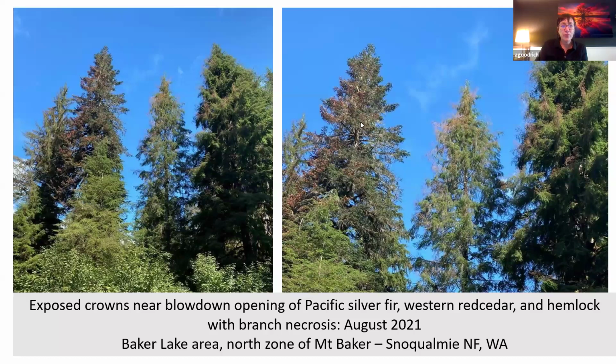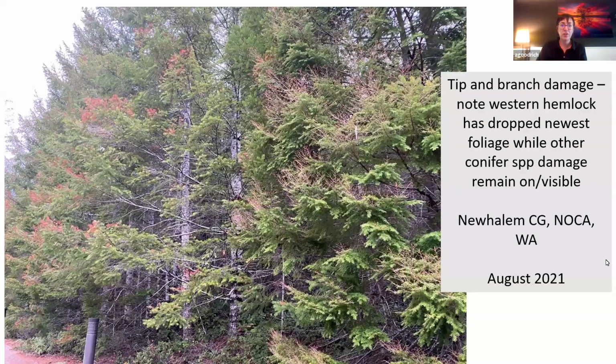This is some photos just showing the 3 different species. So this is Pacific silver fir, western red cedar, and western hemlock right next to each other with the same pattern of damage. And then this is showing, again, so with Douglas fir and some of those other, mostly Douglas fir or Pacific silver fir, you saw this necrotic foliage and it tended to hang on to it throughout the season, whereas the western hemlock, essentially the foliage turned bleached, and then it dropped it really quick.